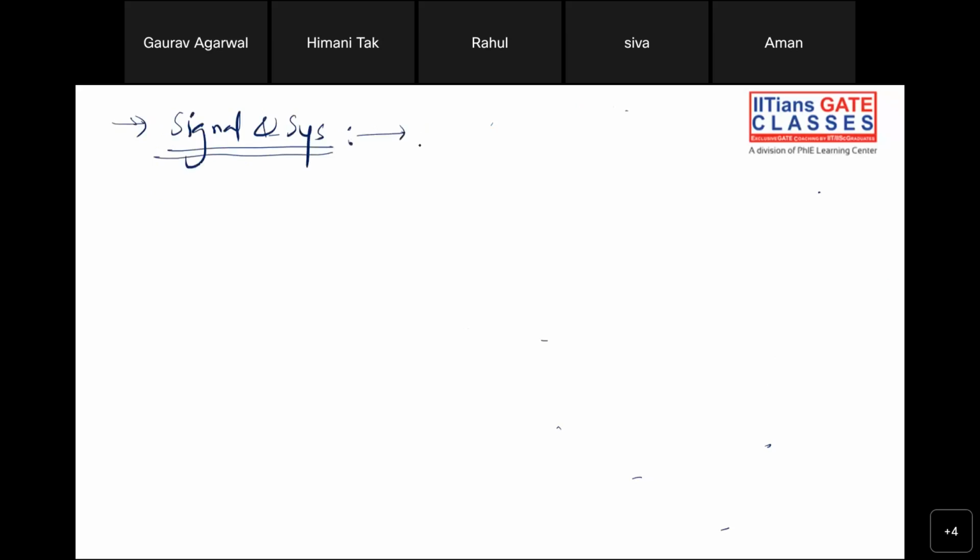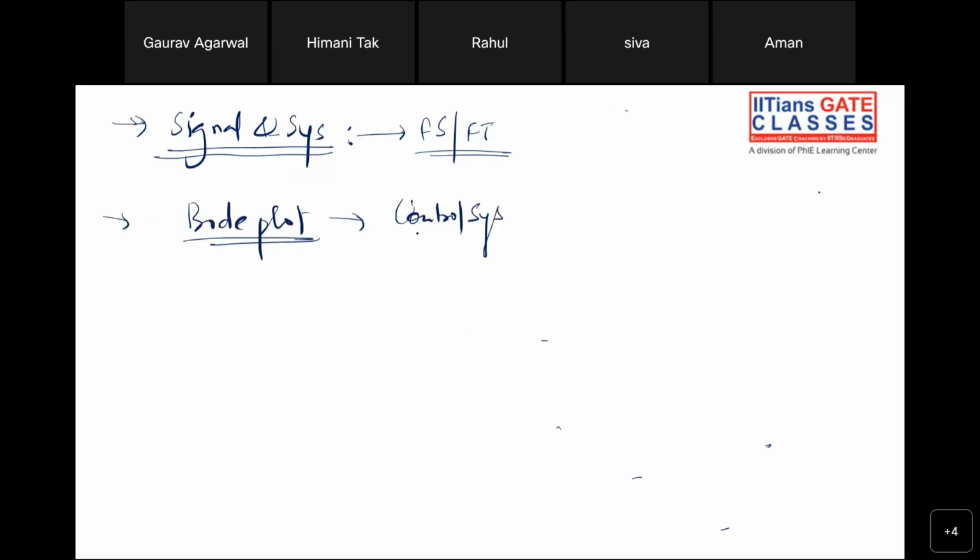Because there are a few topics such as Fourier series and Fourier transforms, because most of the time in analog circuits there will be capacitance, so the frequency response, high frequency, low frequency, and you have to plot the Bode plot as well. Bode plot is given in control system, right? So control system is also one of the very important things, and this cannot be ignored, right?